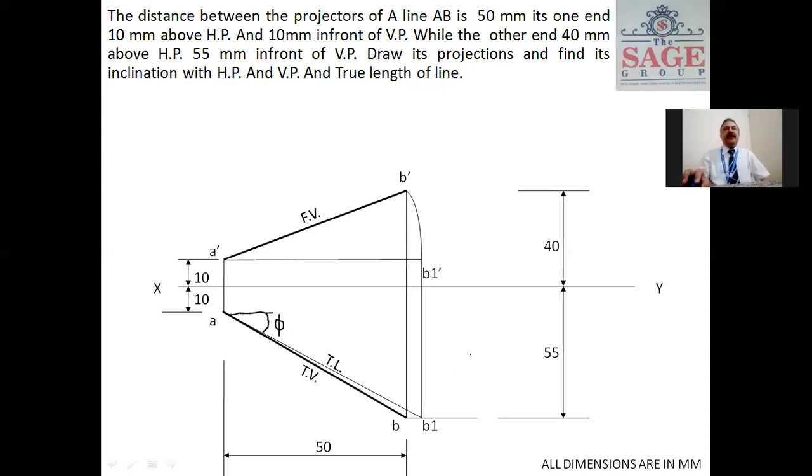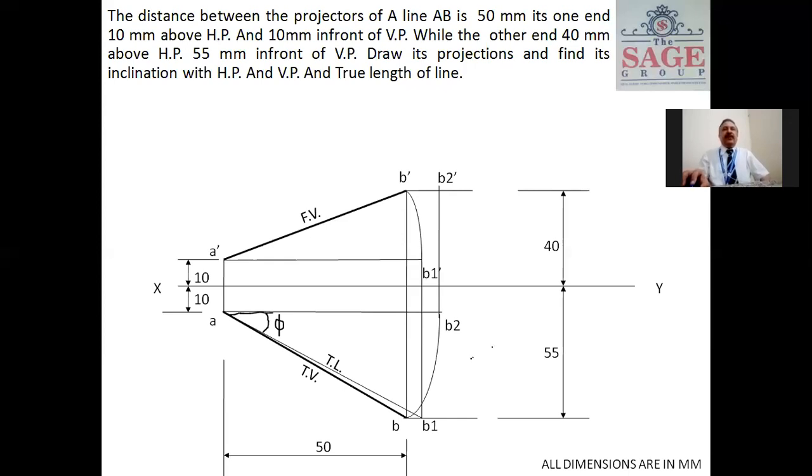Now similarly, we rotate the top view in the downward direction. This gives us point B2. Now project B2 and draw the locus from B dash. This gives point B2 dash.